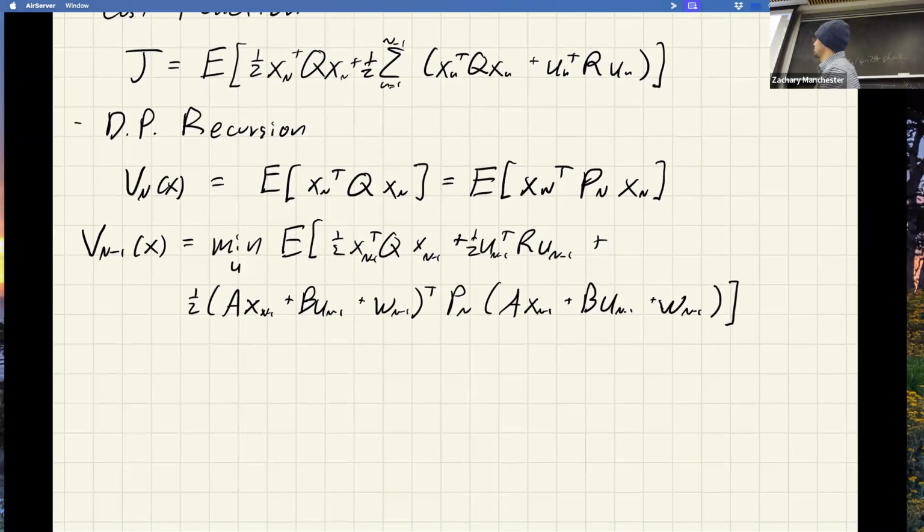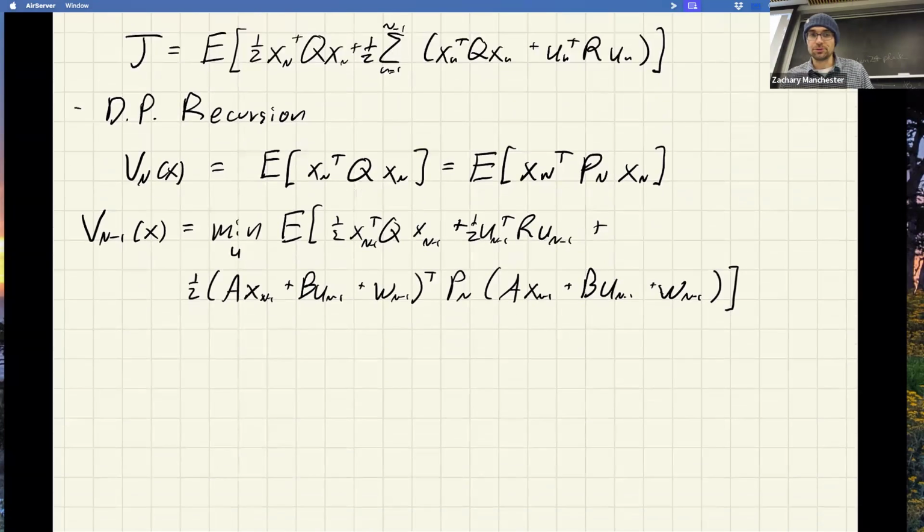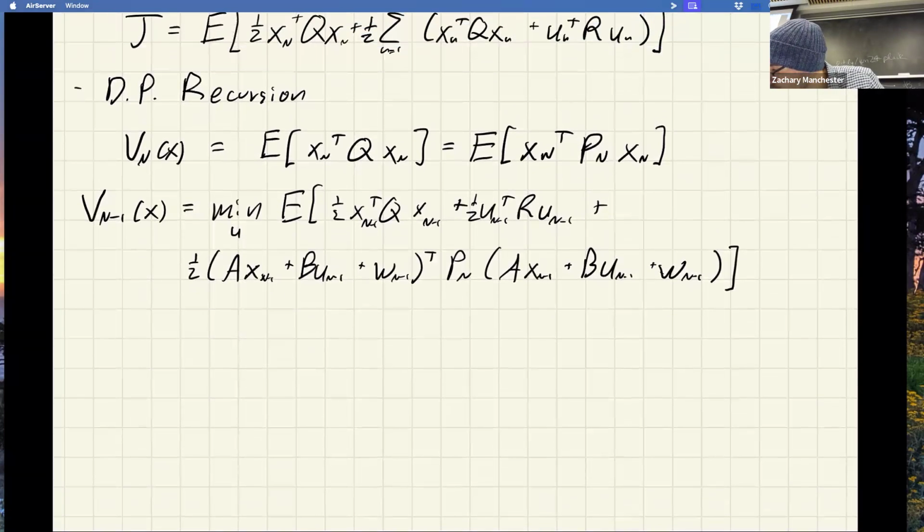Now I'm going to expand this out, FOIL this or whatever, and split it into a couple of sets of terms. So this is min over U, expectation. I'm going to group stuff together.